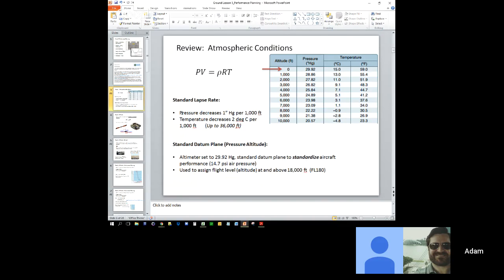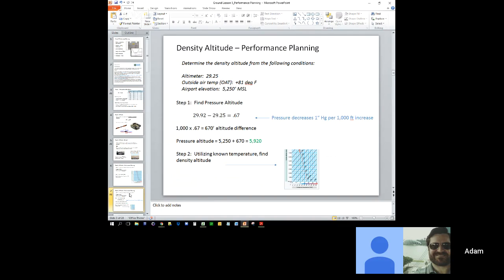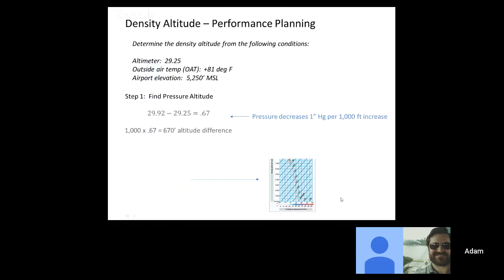So how am I going to do my math? Remember we mentioned that pressure decreases 1 inch of mercury per 1,000 feet. That's in a standard atmosphere, so that's how we're going to perform our math. I take the difference in my pressures: my standard pressure at the standard datum plane, subtract my actual pressure, and I've got 0.67.